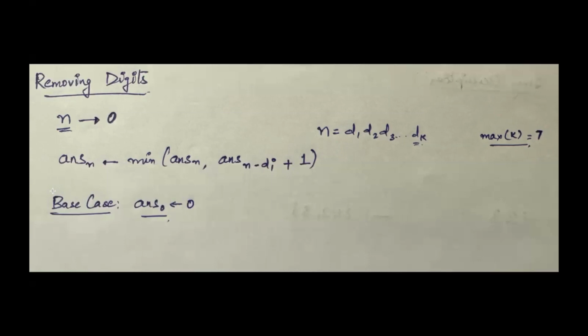Now the base case of the problem is pretty simple. If the number is already 0, then we need not make any subtractions, and hence the answer is 0.